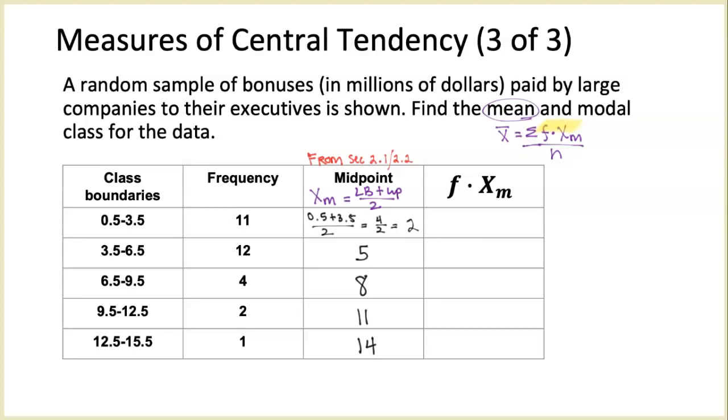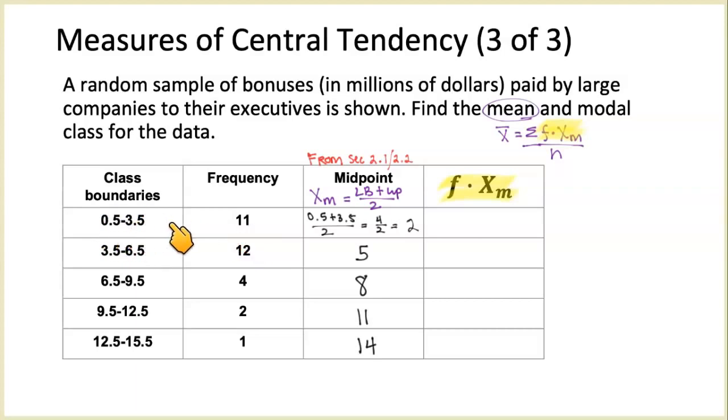Now, this last column is what is going to help us find the average. So the average is the sum of this column, the frequency times the midpoint. If we actually knew these 11 numbers, we would just add them together, and that would be the total bonus paid to the 11 people in this class boundary.